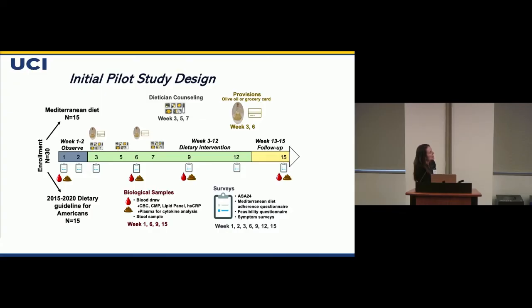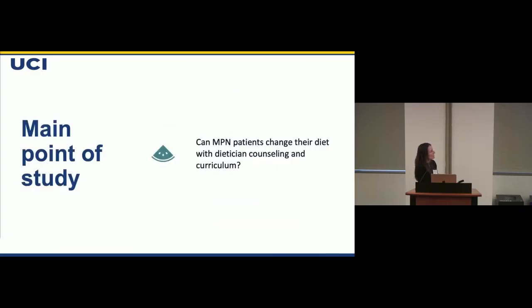And then this last time period was the follow-up. Basically, people were no longer given dietitian counseling or written curriculum, but we continued to follow them for a few more weeks. And so to reiterate, the main point of the study was, can MPN patients change their diet with dietitian counseling and curriculum?